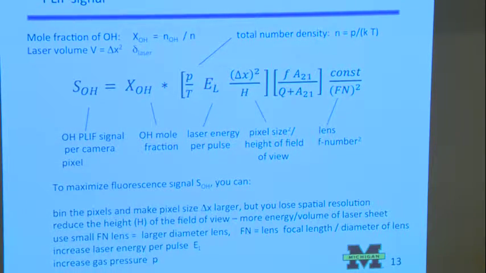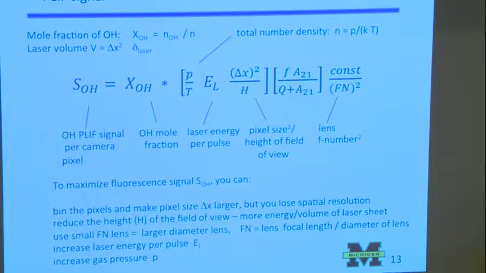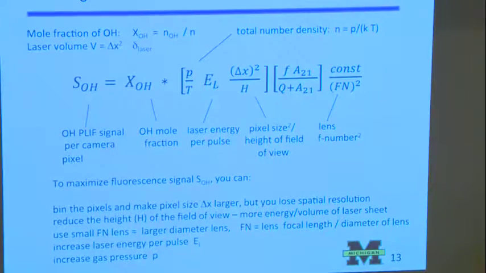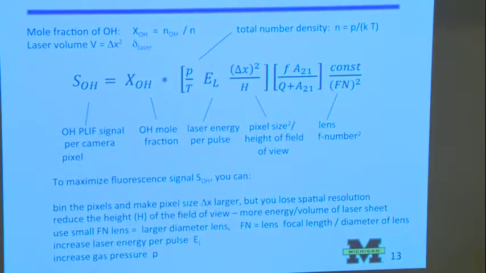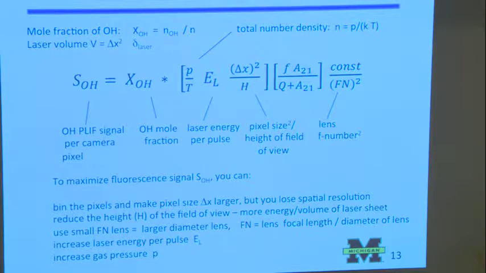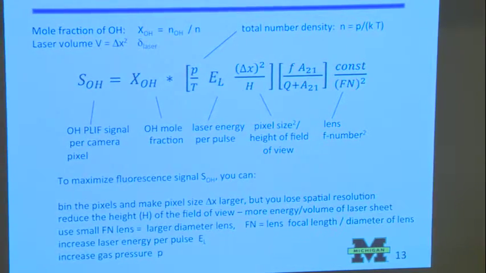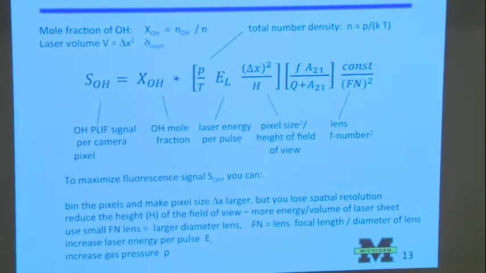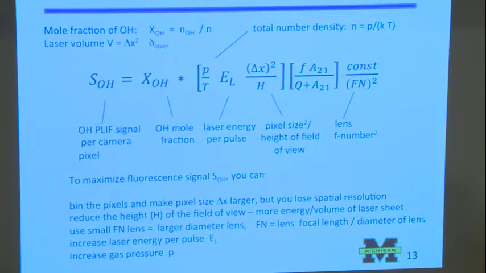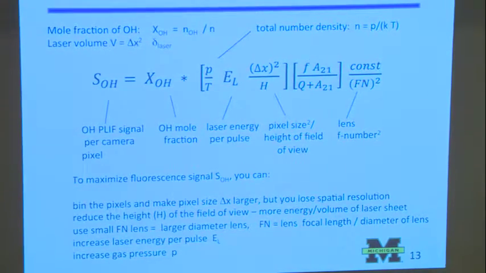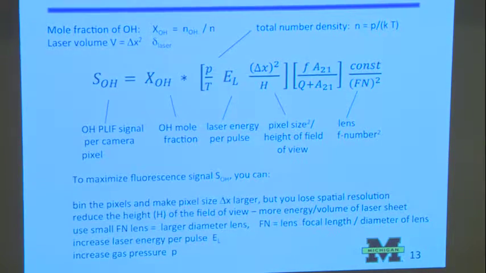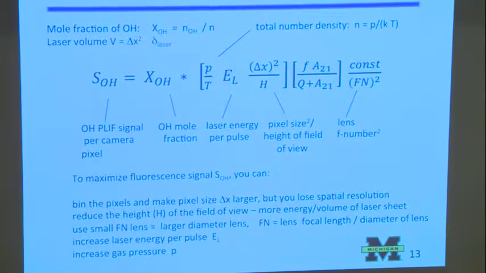In other words, if you have 1,000 pixels by 1,000 pixels, you do a spatial average, and every 4 by 4 pixel region, you spatially average that and assign that number to all 4 of those pixels. Now, you get better signal because it's as if you have one big super pixel that's 4 by 4.